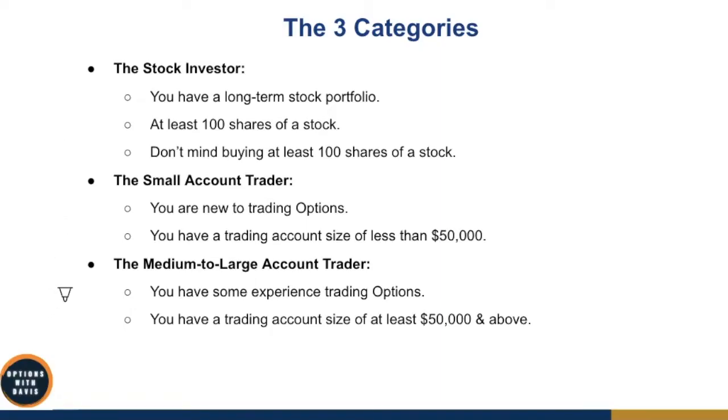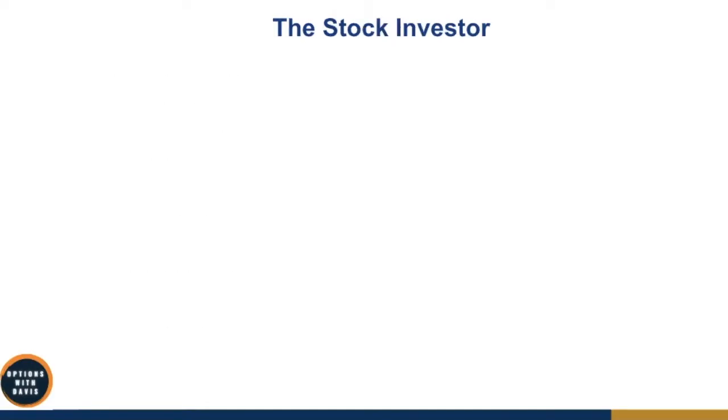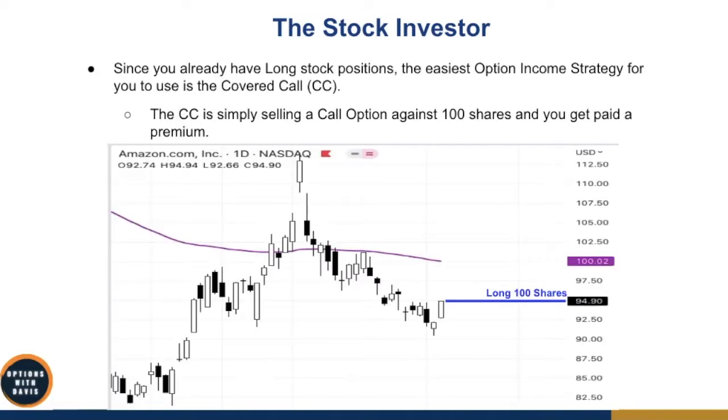I'm going to share with you the different kinds of strategies that you can use for each of these categories. Starting off, we have the stock investor. As a stock investor, chances are you have long stock positions, and the easiest option income strategy for you to use is none other than the covered call. For the covered call, you first want to see whether you have at least 100 shares of stock in your account.